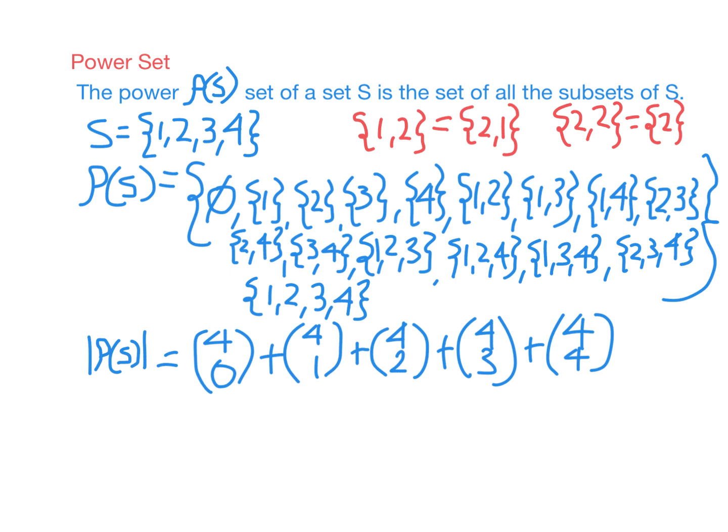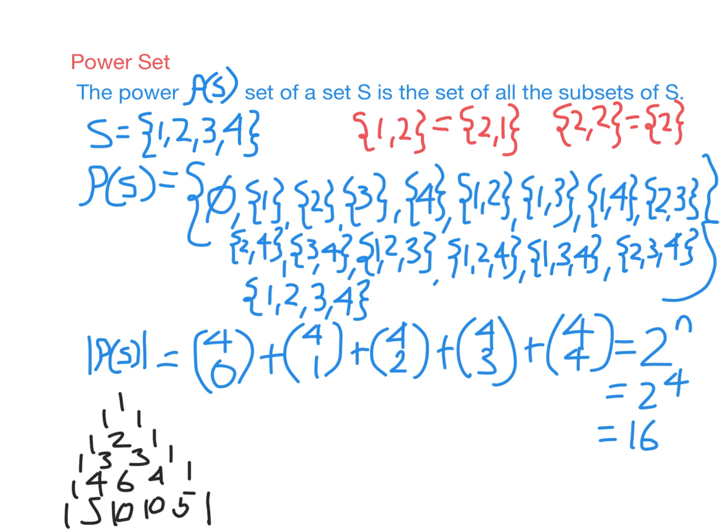So it turns out that if you take a number n, and you go n choose 0 plus n choose 1, all the way up to n choose n, you always get 2 to the power of n. In this case, 2 to the power of 4, which is 16. So there were 16 subsets of S that make up the power set. And that's because the entries in row n of Pascal's triangle always add up to 2 to the power of n. So remember, this was row 0. The entries there add up to 1, 2 to the power of 0.